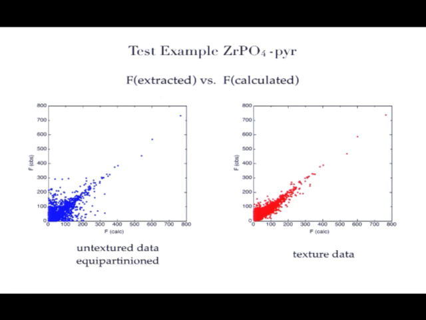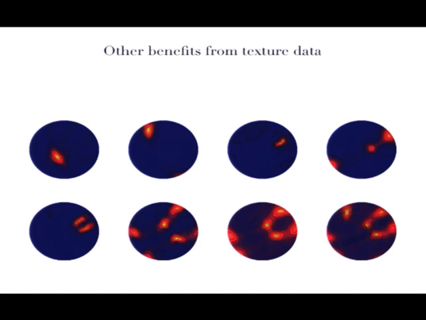So, other benefits from textured data. If you look at these pole figures here, if you're an old crystallographer or mineralogist, it will remind you of the pole figures the mineralogists used to draw when they measured crystals with two-circle goniometers.